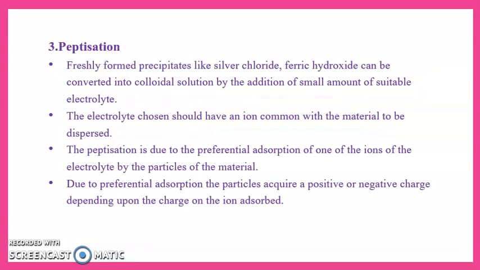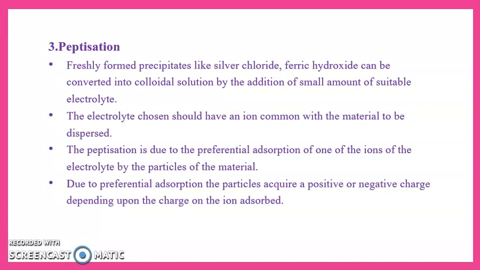Then the third method is peptidization. Here we are taking freshly prepared precipitates like silver chloride, ferric hydroxide that can be converted into the colloidal solution by the addition of a small amount of suitable electrolyte.